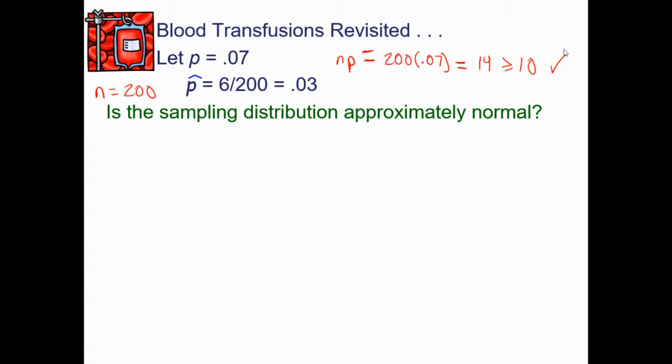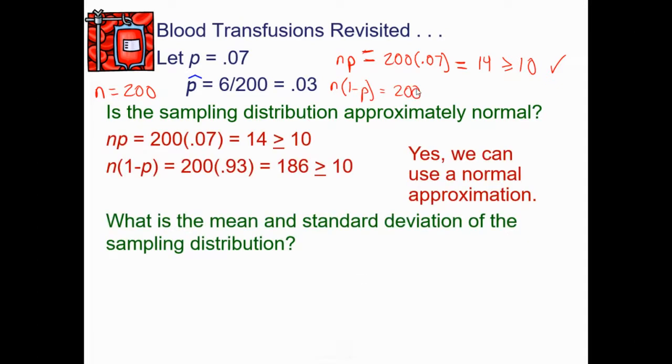Now we have to do n times 1 minus p and make sure that it's greater than 10. Why do we want it greater than 10?